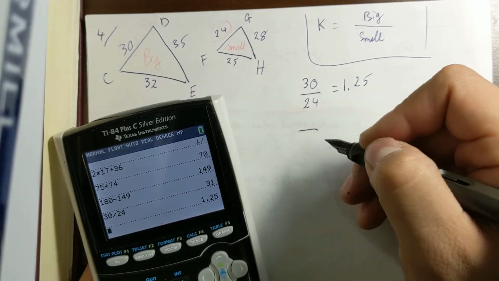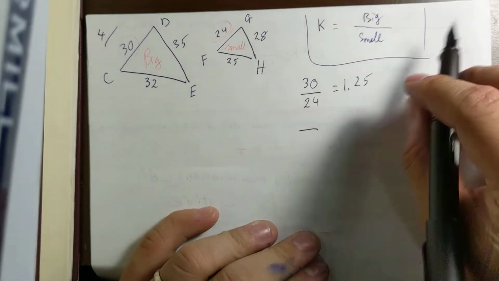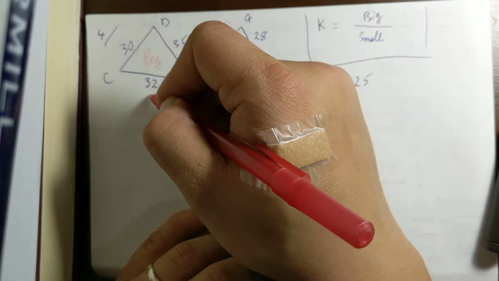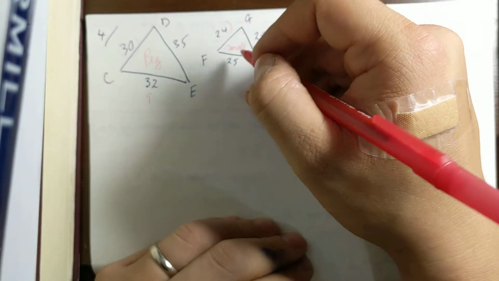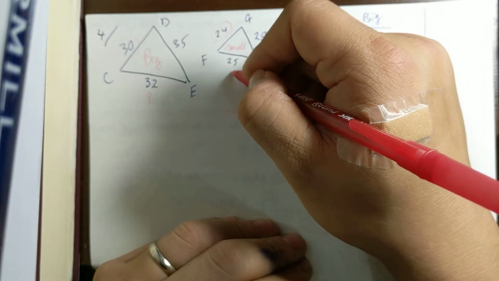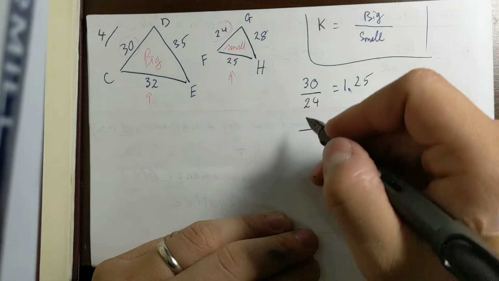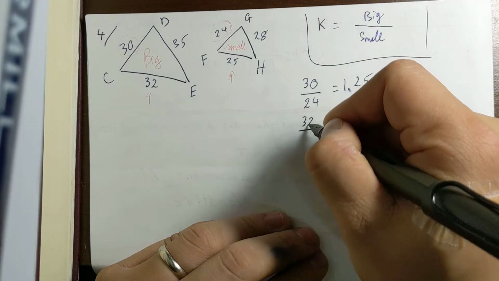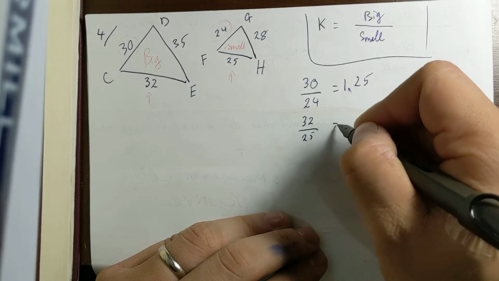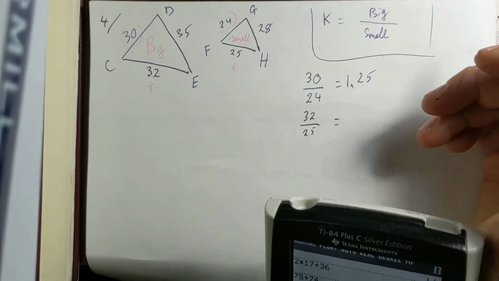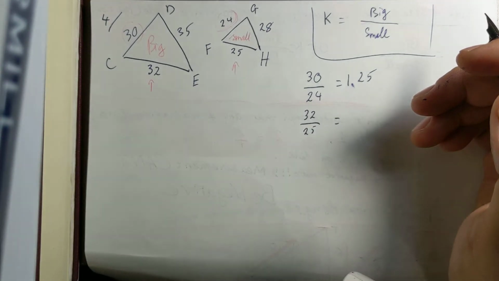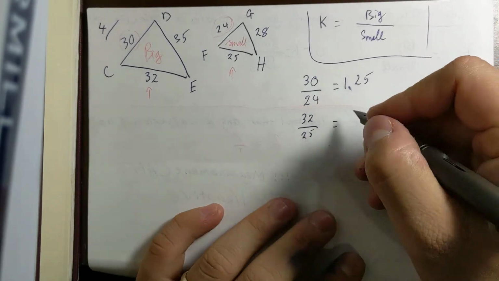Similarly, for the second part, this right here will be the second largest. Let's make a fraction out of it. 32 over 25. It's going to give you 1.28.